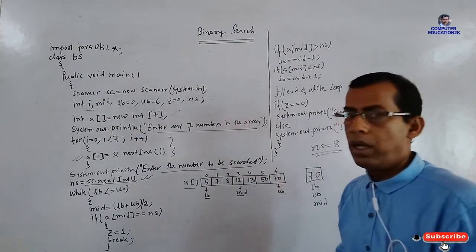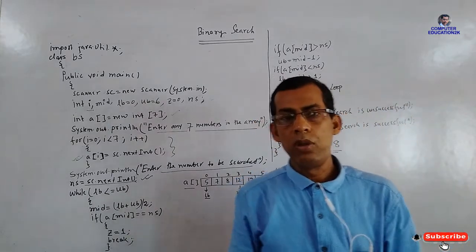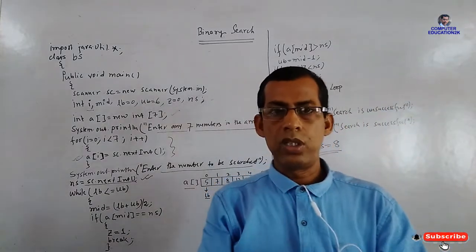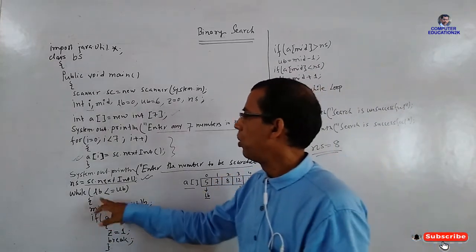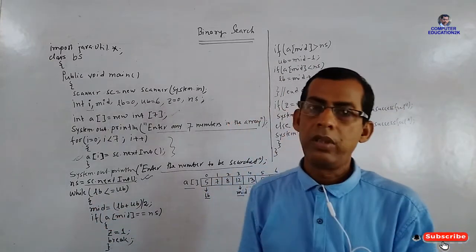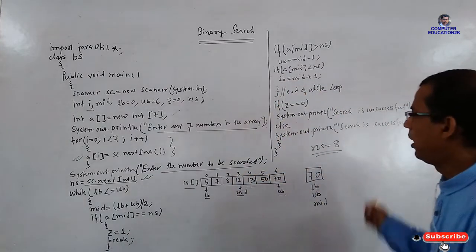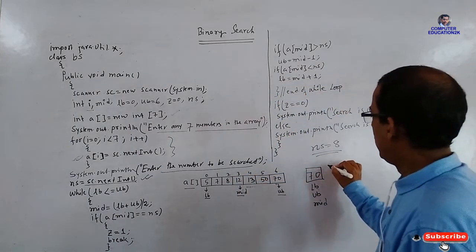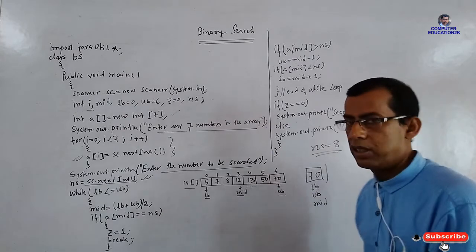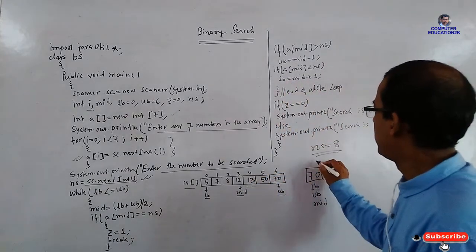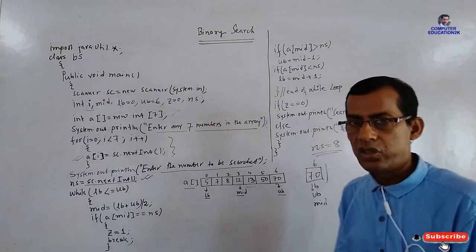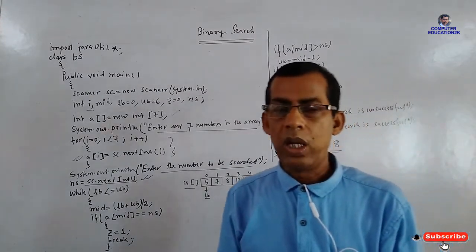Now how long will this searching process continue? Until and unless lower bound and upper bound become equal. You can see here, at last 70 was both lower bound and upper bound. At last this cell number 1, when you are searching 70. Why do you get 70?